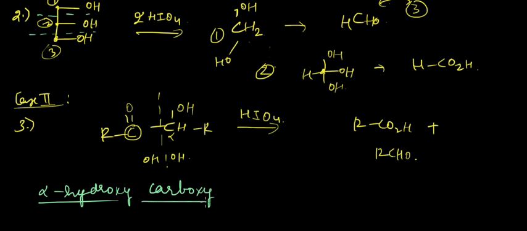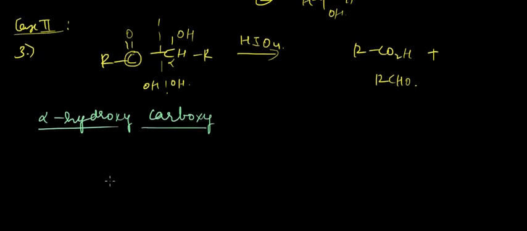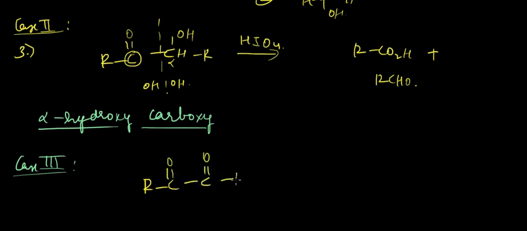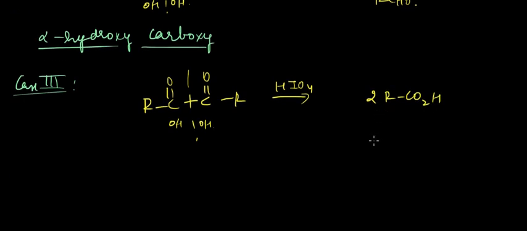Okay, let's look at this case. In this case we have this compound, again on passing HIO4, it will have OH here, so we'll get 2 RCO2H. This would be our final compound.